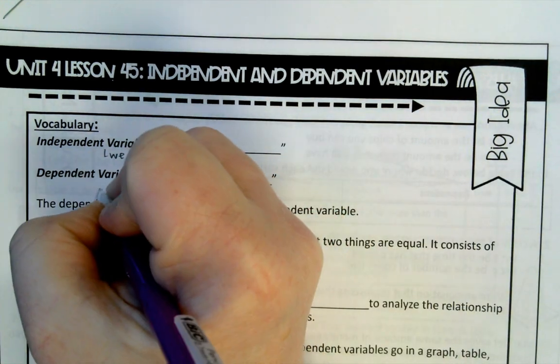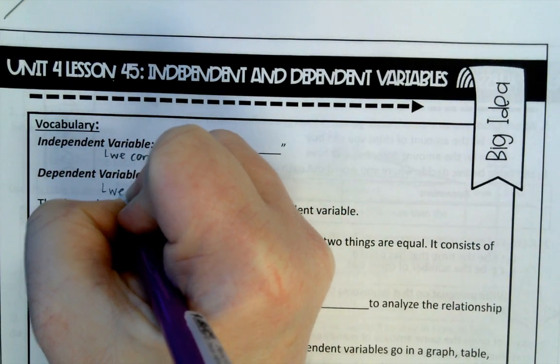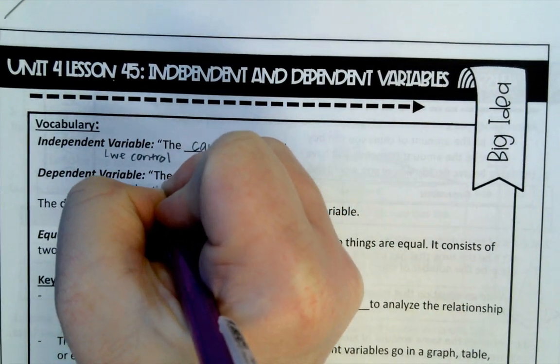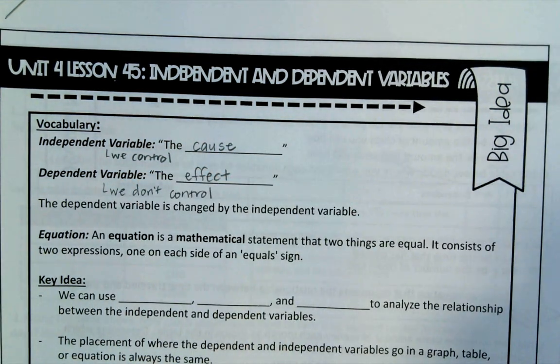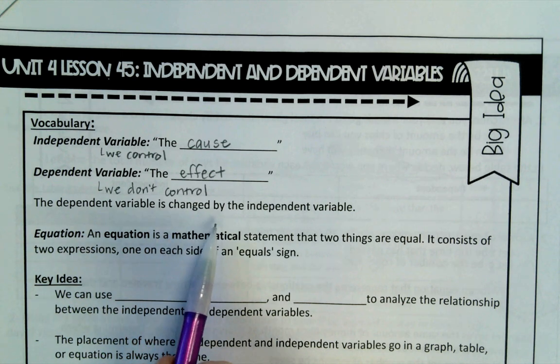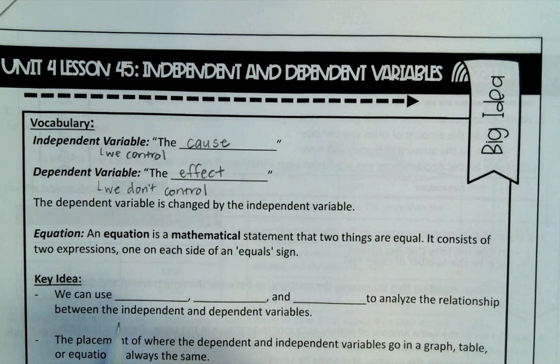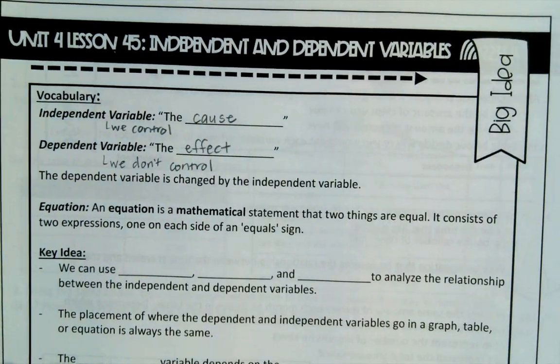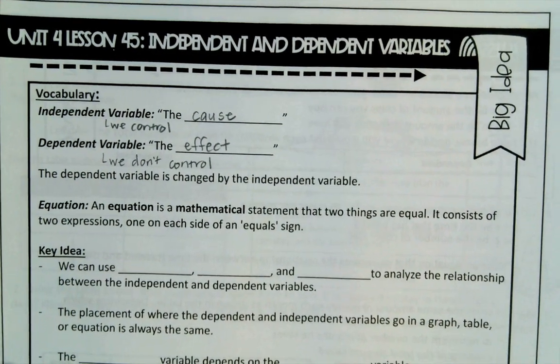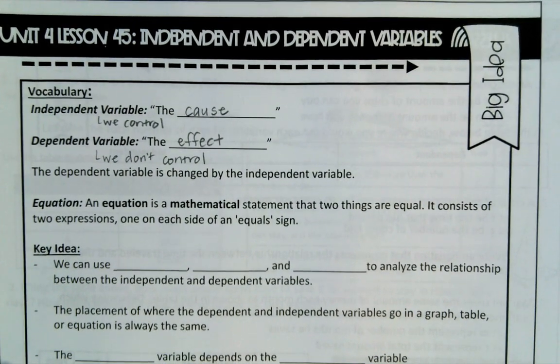We don't control the effect. So the dependent variable is changed by the independent variable. So we don't know what happens with a dependent until we decide what the independent variable is.